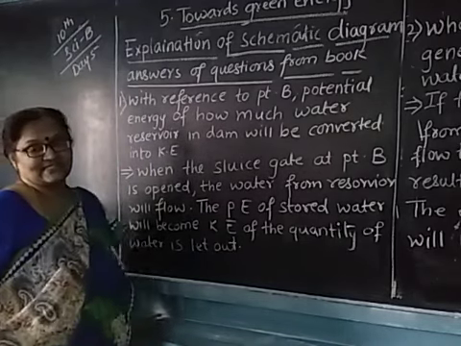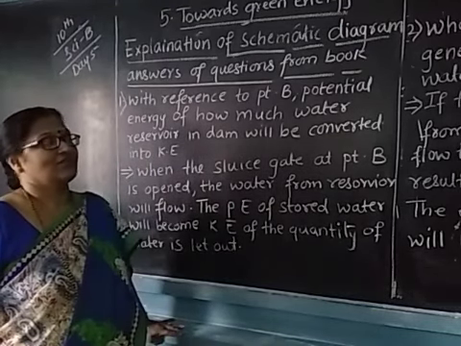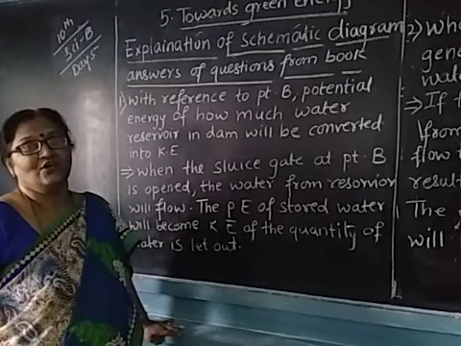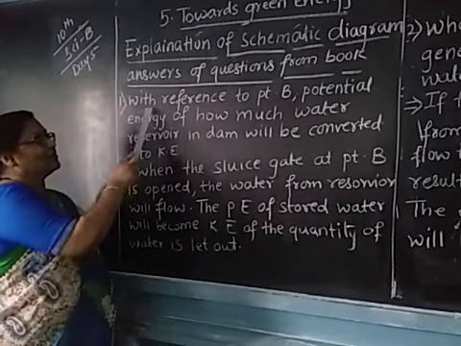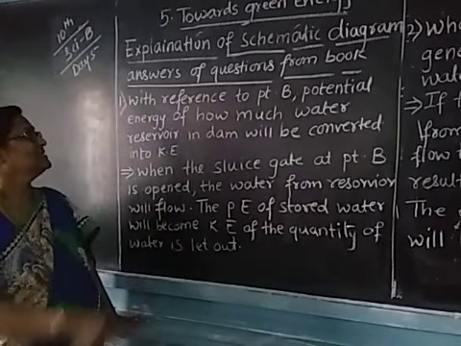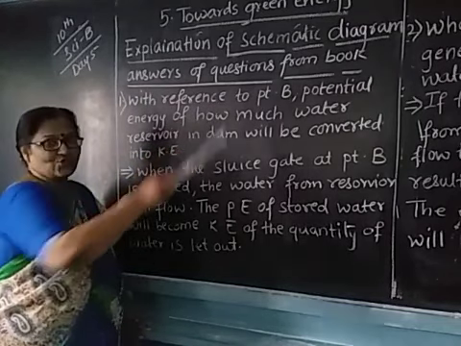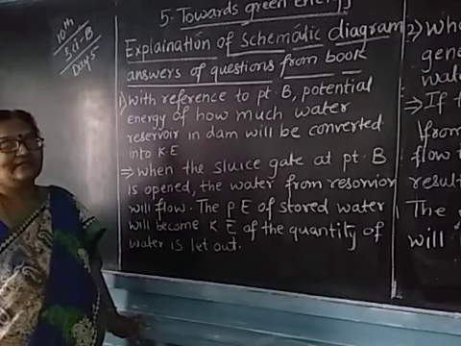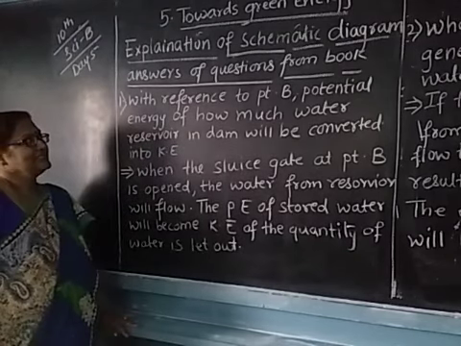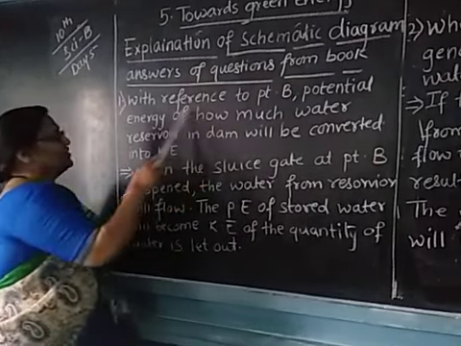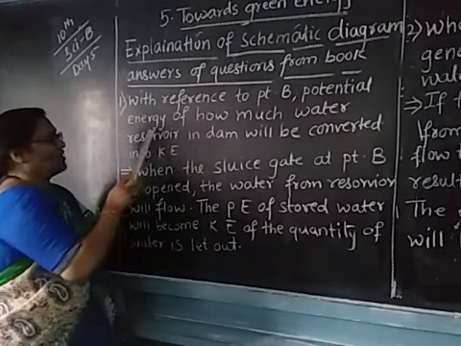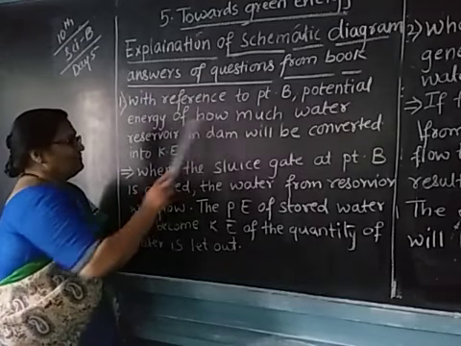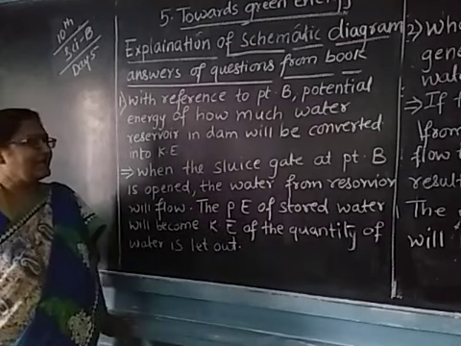The answers to these questions you are going to get from the following points. See here, with reference to point B. In your book, there is a point B in the schematic diagram. At this point B, how much of the potential energy of the water reservoir in the dam will be converted to kinetic energy?